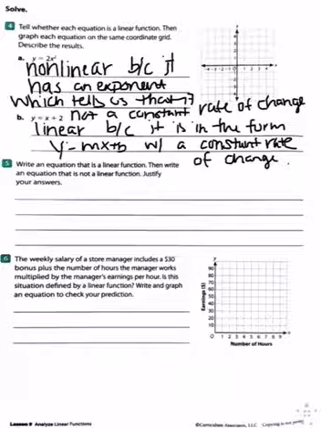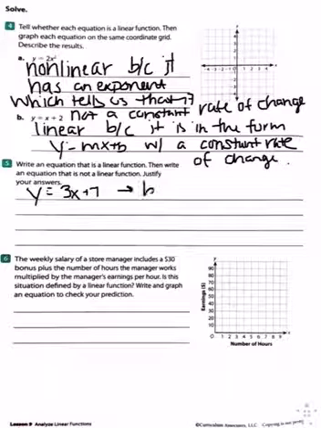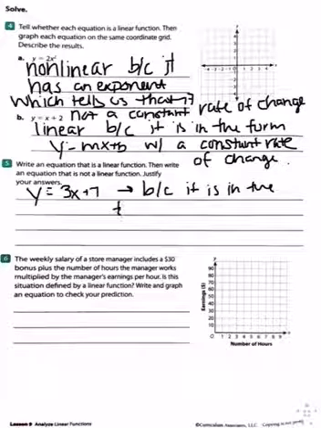Problem number 5, it says write an equation that is a linear function. Then write an equation that is not a linear function. Justify your answers. My equation is going to start off with y equals, as it always does, and I'm going to put 3x plus 7. That is linear because it is in the form y equals mx plus b.